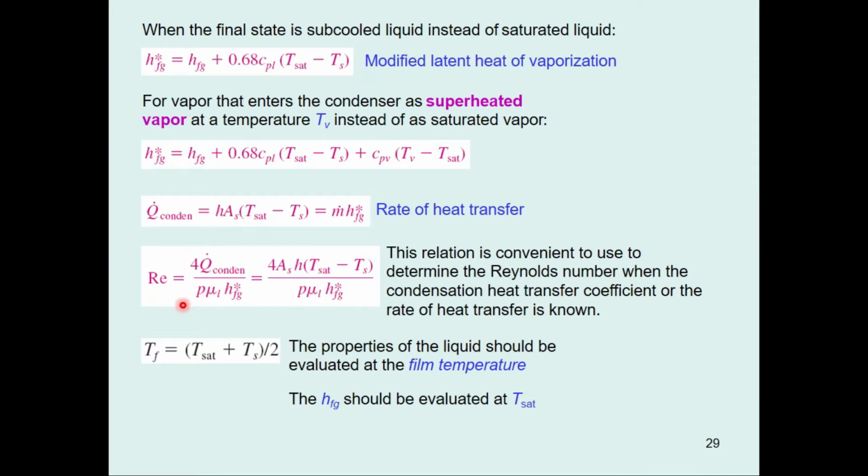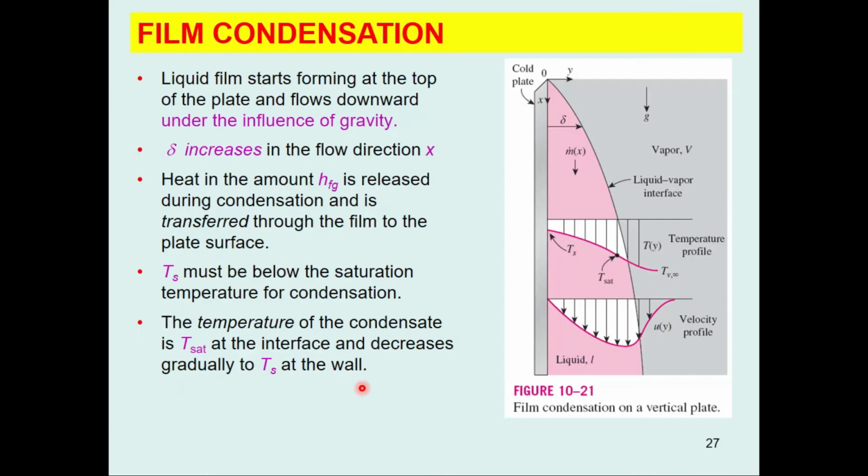Now the properties of the fluid. There is a liquid film, and its thickness is small over here and very high over here. So the liquid properties should be determined at one given temperature. What temperature should we use? We have two temperatures, Ts and Tsat.